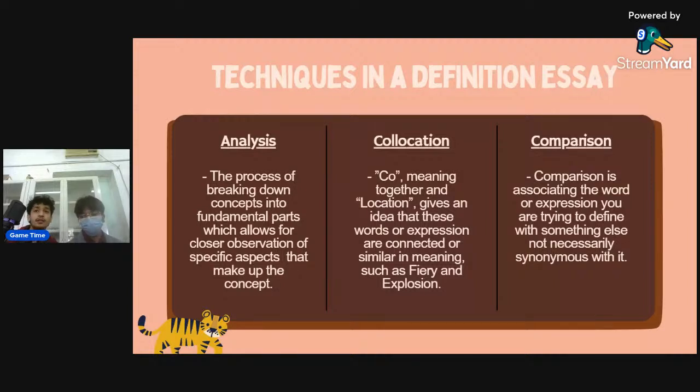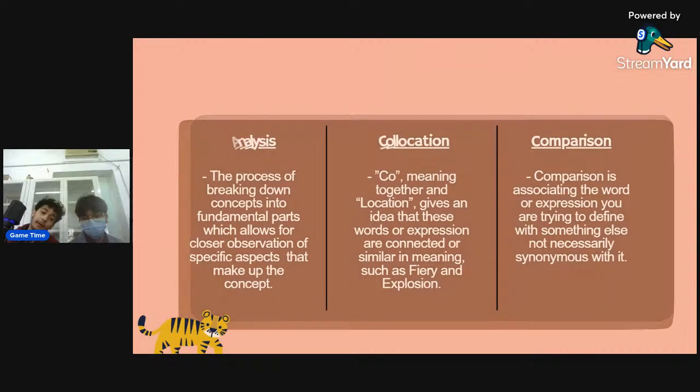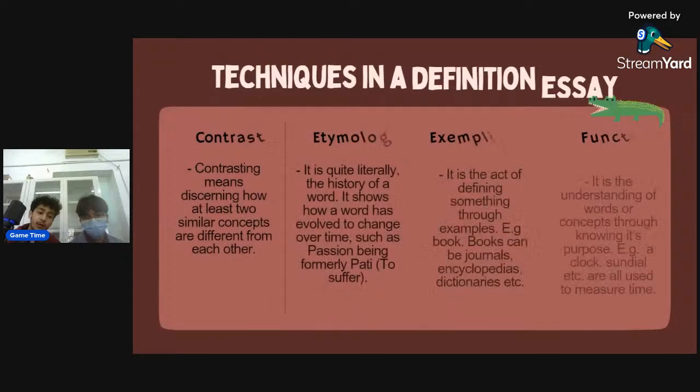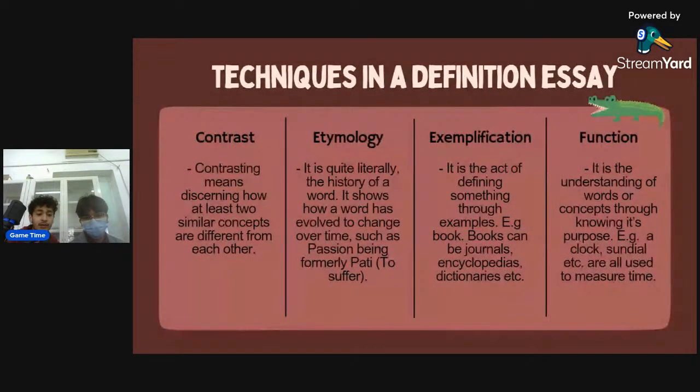Then comparison, where you compare a word to another word. They don't have to be similar; you just try to see their differences. Contrast is similar to comparison, but they're usually just different from each other. And then etymology is literally just the history of a word.